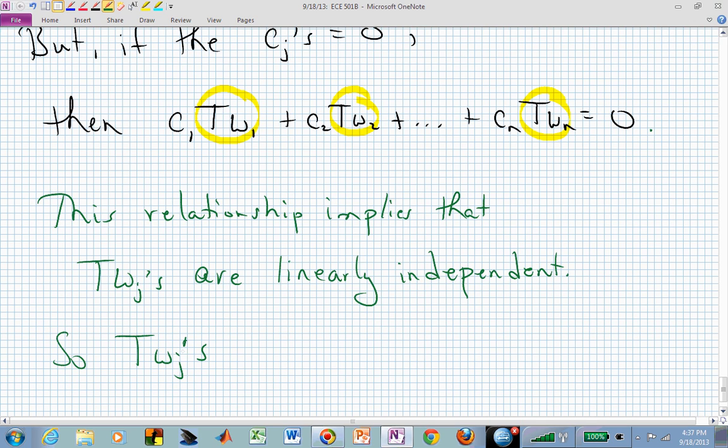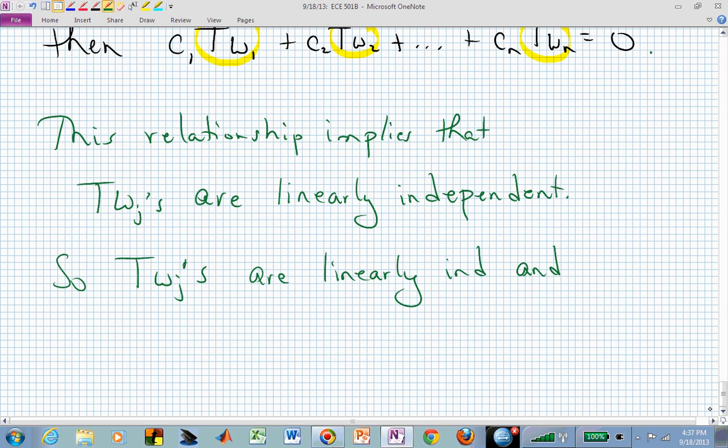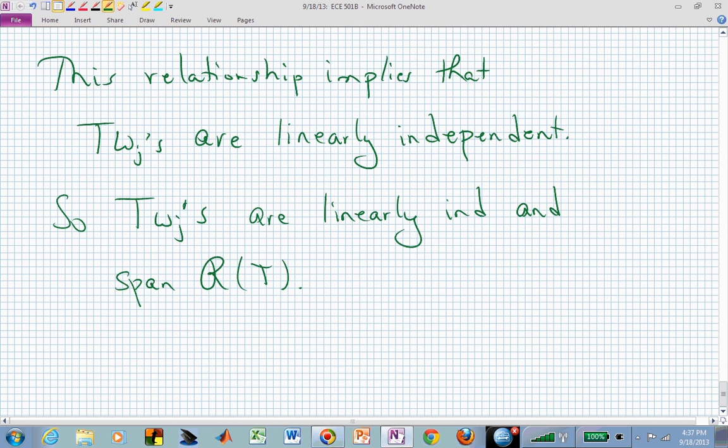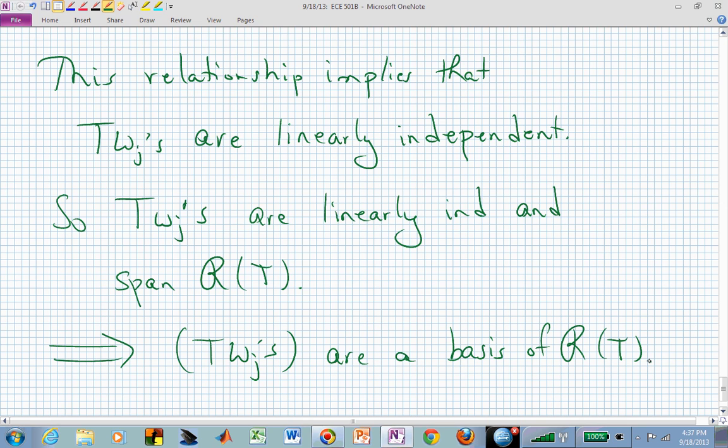So those TW's are linearly independent and span the range of T, which now allows us to say that these T W sub j's are a basis of the range of T.